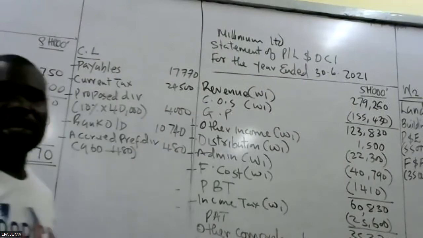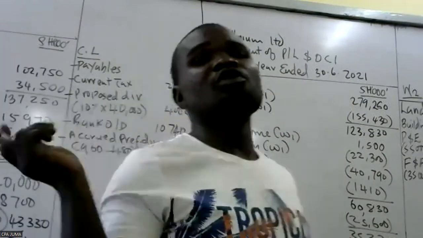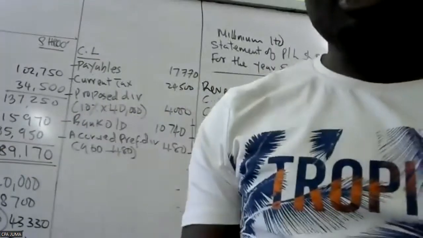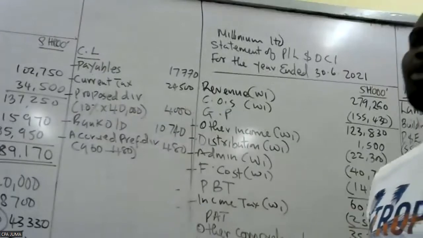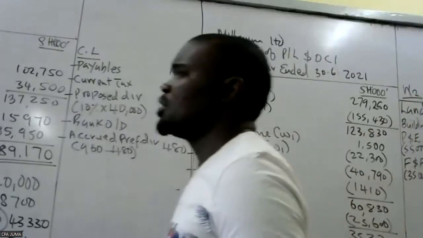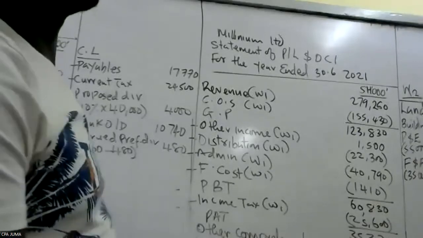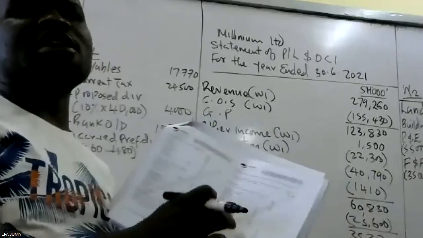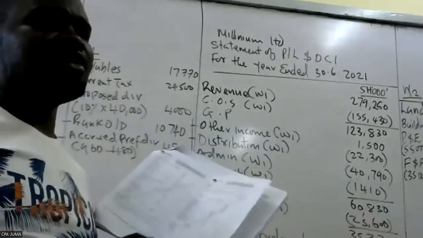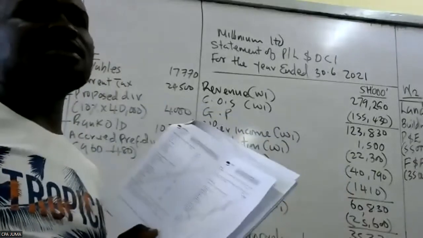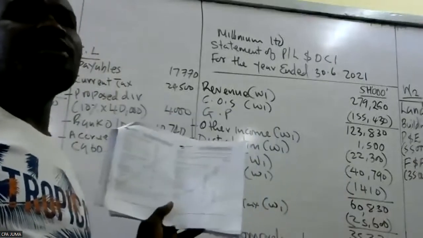Check for me the debenture. The one you calculated for 9 months. The debenture, what did you get? There's something you calculated, I don't know what, 9 months. Yes, you got how much? 450. And can you check here how much the debenture interest they say they paid? The debenture interest in the trial balance, how much? 300.